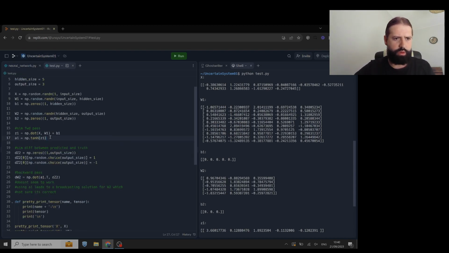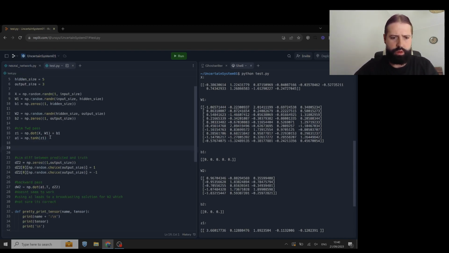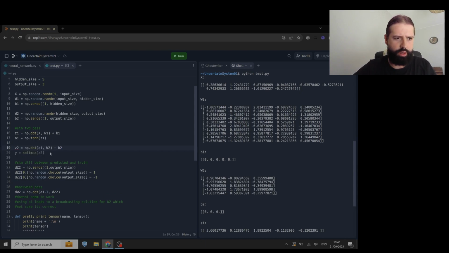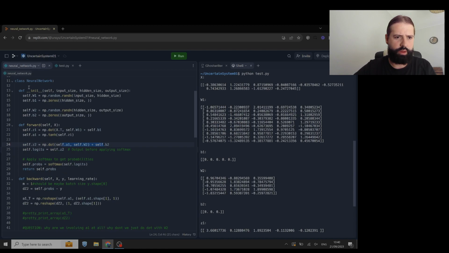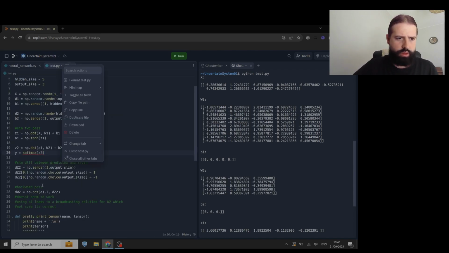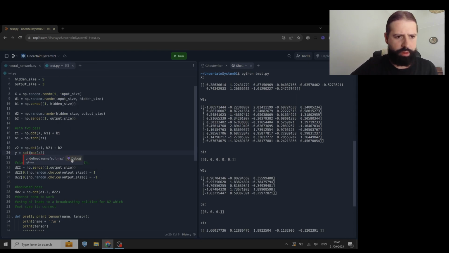So okay, so actually that's this A1, and then I guess it suggests a softmax, probabilities. Softmax probabilities.